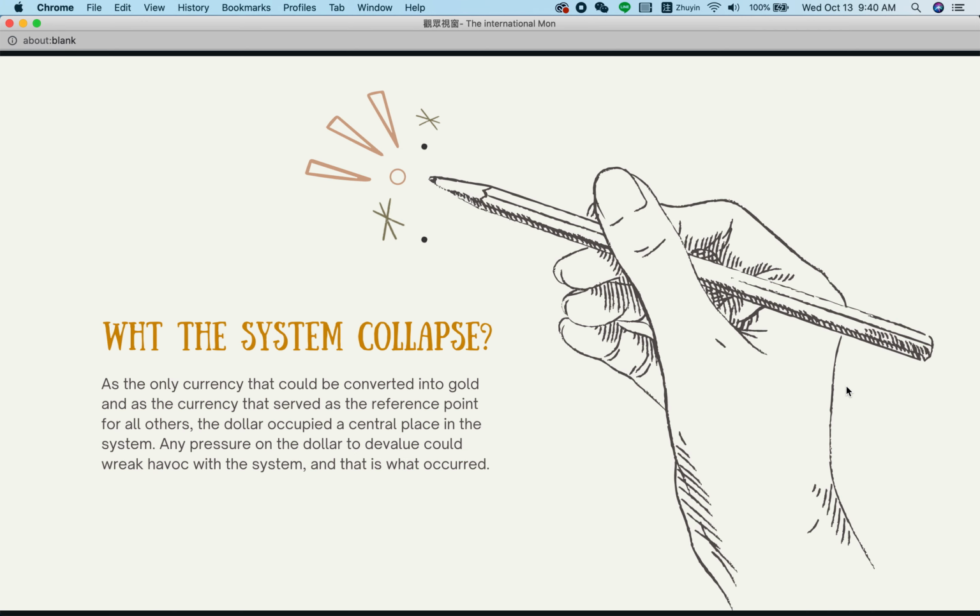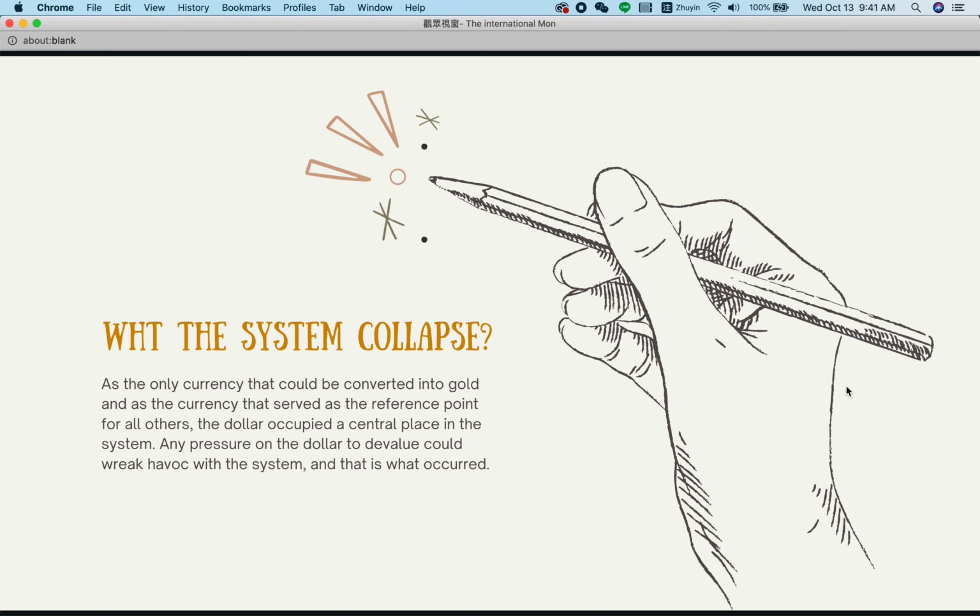The system finally collapsed in 1973, and since then we have had the floating exchange rate system. But why did the system collapse? As the only currency that could be converted into gold, and as the currency that served as the reference point for all others, the dollar occupied the central place in the system.